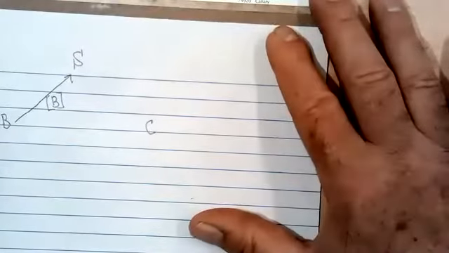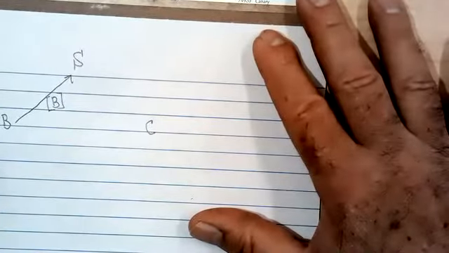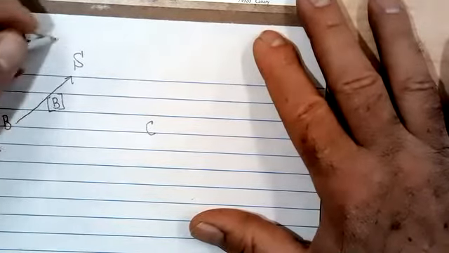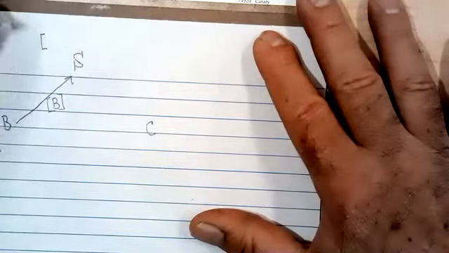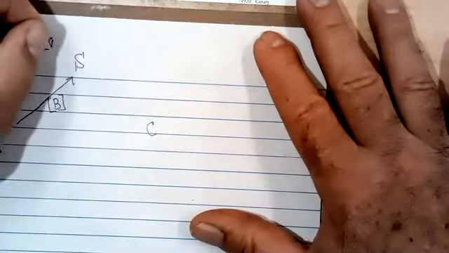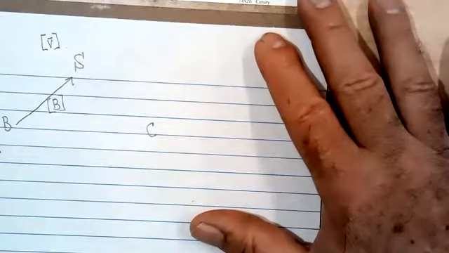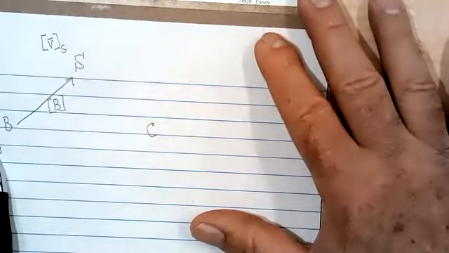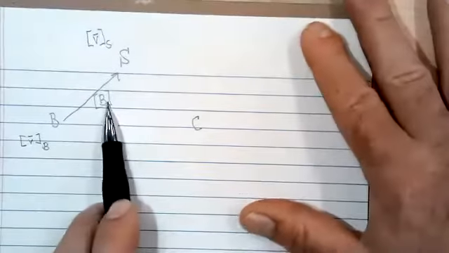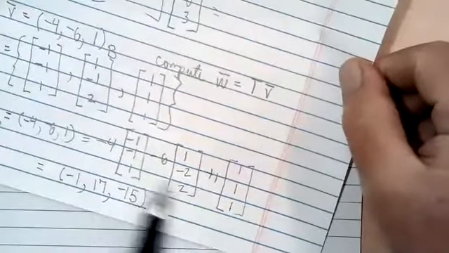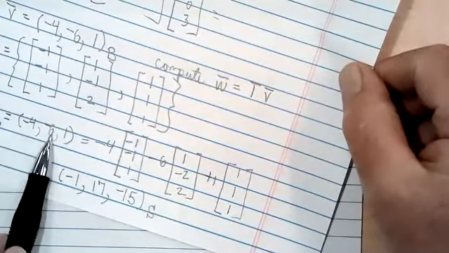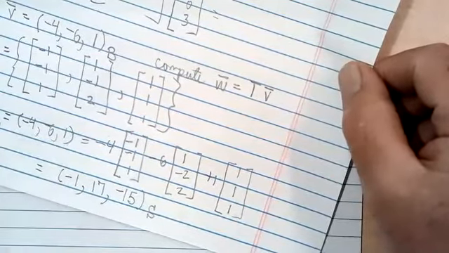I started with a vector V. I had its coordinates in B, and I said, well, I would like them to be in the coordinates for the standard basis, because that's how my matrix multiplication is set up. So I take this and multiply it on the left by this matrix. And that is essentially what we did right here. This is the B matrix, these columns, and you multiply it by -4, -6, 1 on the right. Okay?